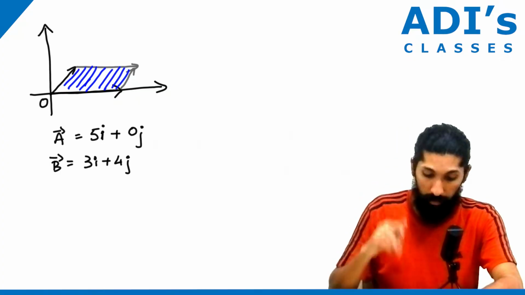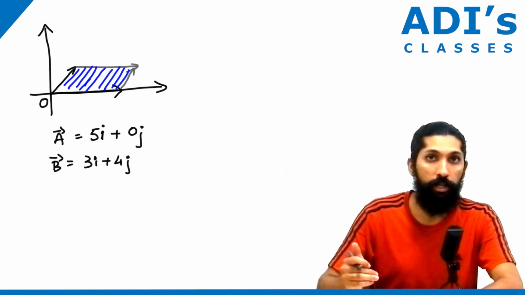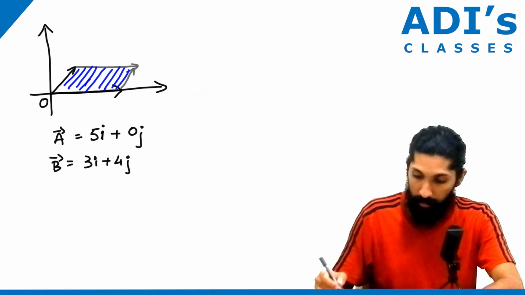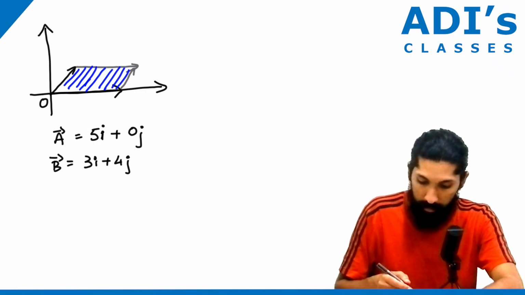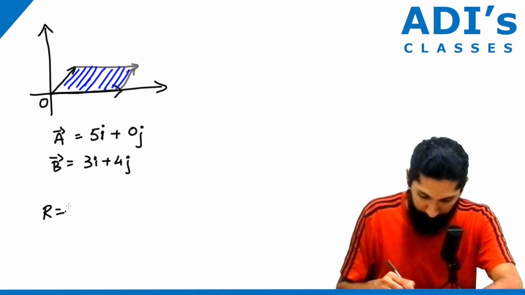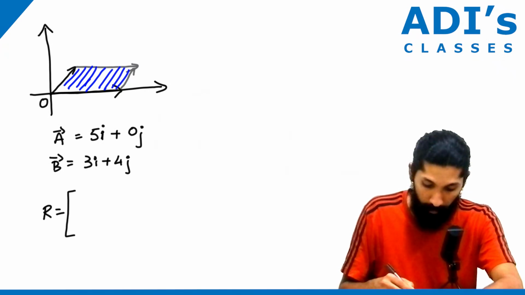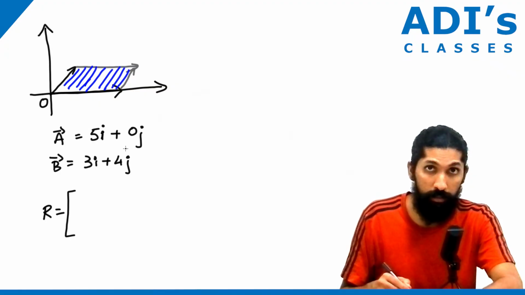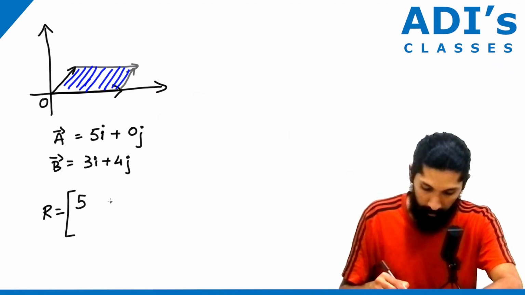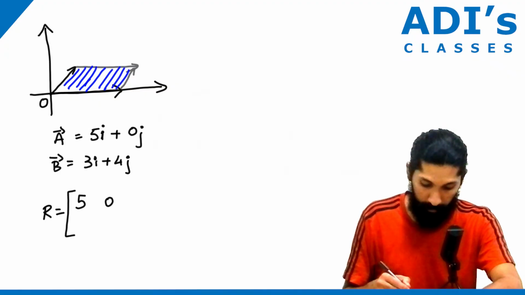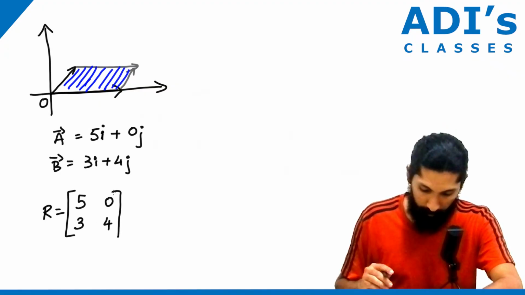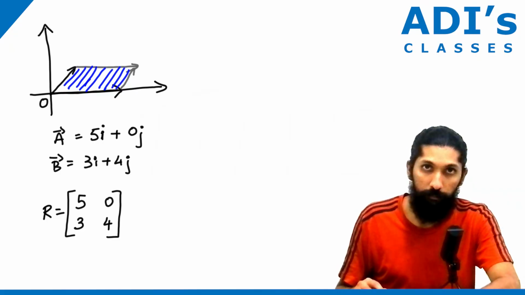Now if I represent this i and j in terms of a matrix, I can call this matrix R, equal to 5i 0j for the first row, and for the next row 3i 4j.